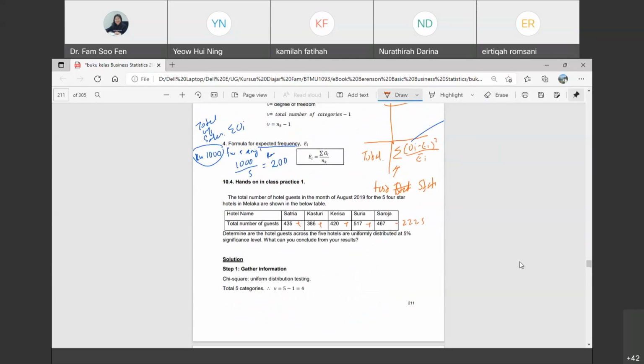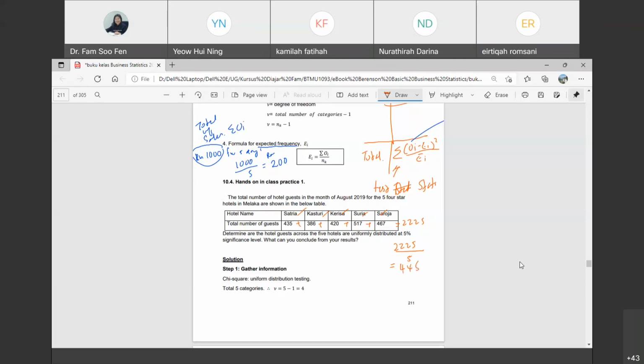If the number of guests is the same, meaning 2225 divided by 5, what is the answer? 445.